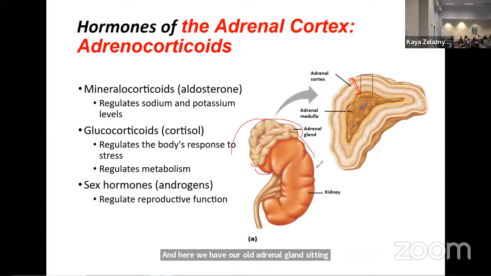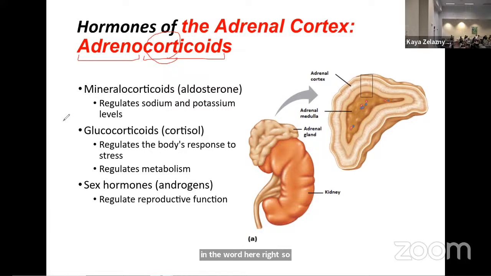Okay, so that's what it would look like if you were to see it in your body. Okay. So we have a couple different types of adrenocorticoids that come from the adrenal cortex, right? So adreno for adrenal gland, corticoids, right? There's that cortex in the word here, right? So you see this word in blank out, it says where it's coming from in the name.